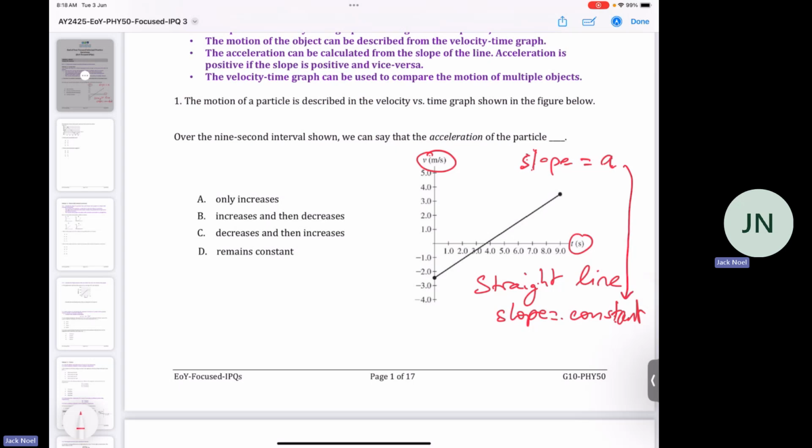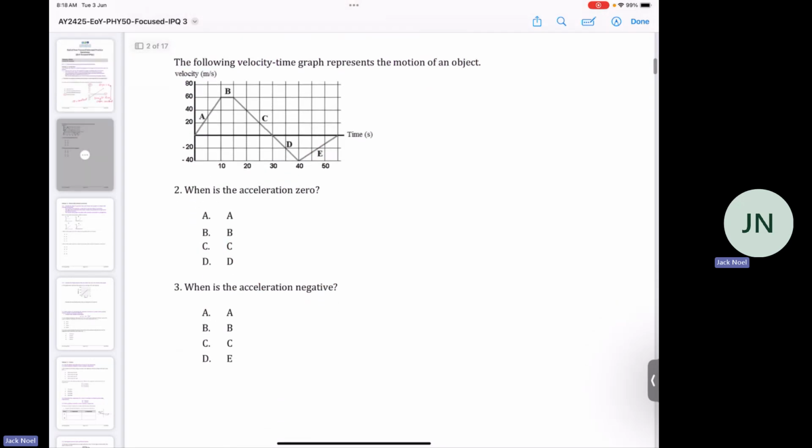So this means that the acceleration is constant because we have a straight line and it's a velocity versus time graph. So acceleration is equal to a constant, which is answer D. Let's move to the next question.